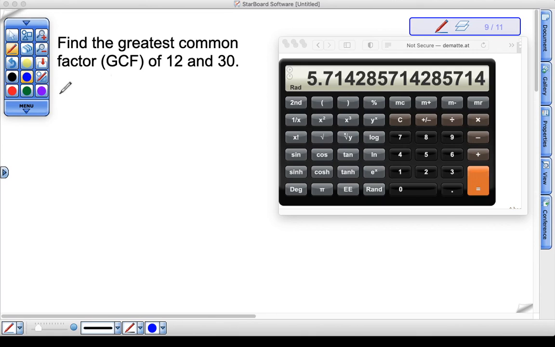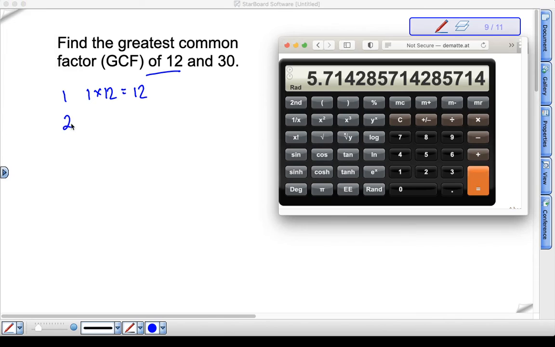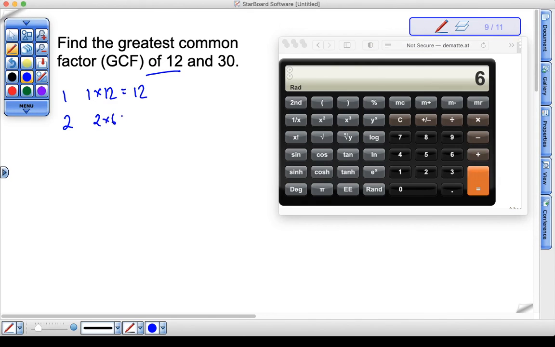So for GCF of 12, let's start with the 12 first. 1 times 12 is 12. And then I want to see if 2 is divisible. If 2 can be divided into 12. So I start off with 12, divide by 2, I get an answer of 6. So 2 times 6 is 12. And then I can try to see if 3 goes into 12.